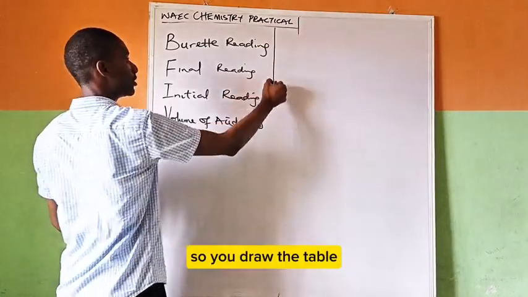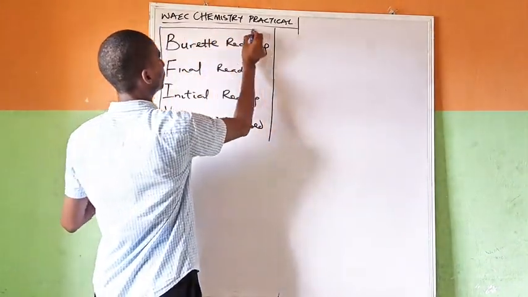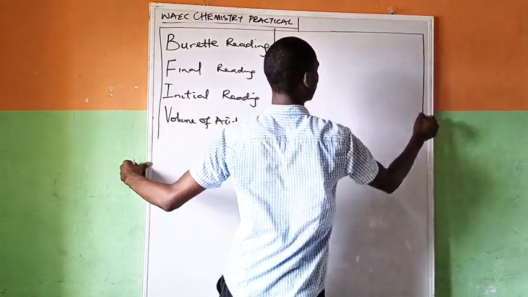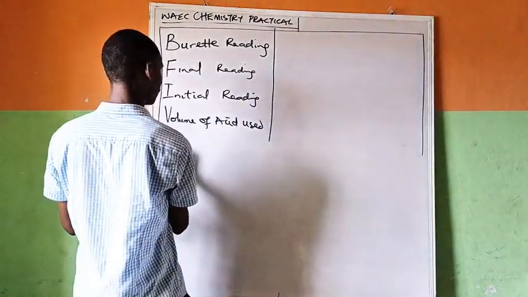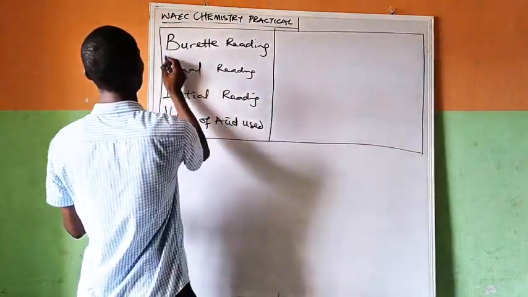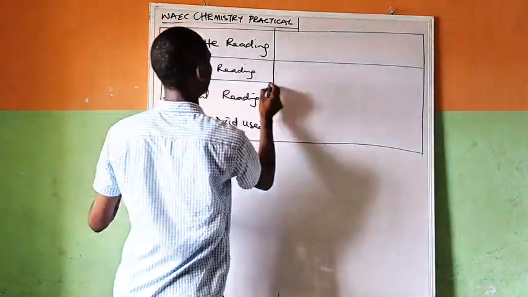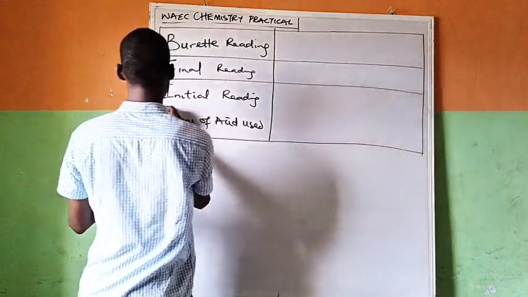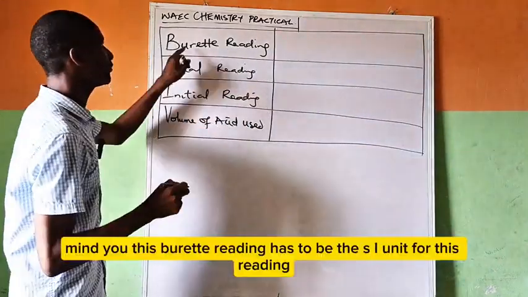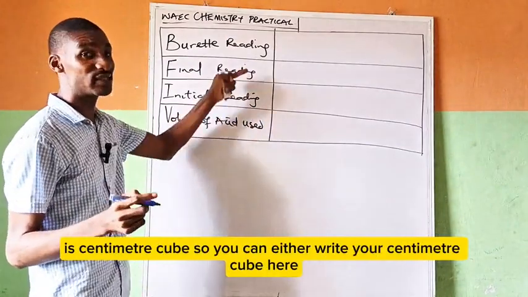So you draw the table. Mind you, the SI unit for this burette reading is centimeter cube.